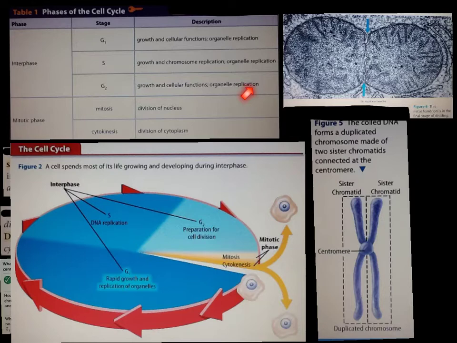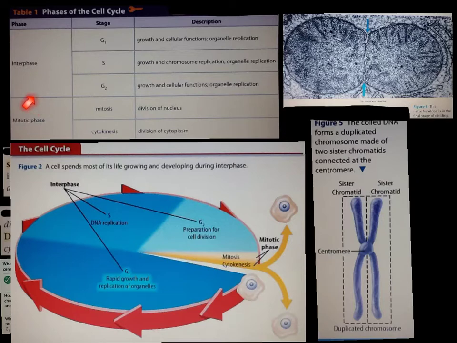Okay, so you may have noticed I brought forward that same chart we were using earlier. That was this one, showing you a little bit more information using this chart or table and this figure, showing how they connect, because here is your interphase, which is this in blue, and the stages that it goes through, which is G1, S, and G2.